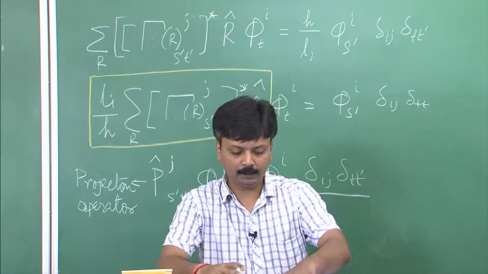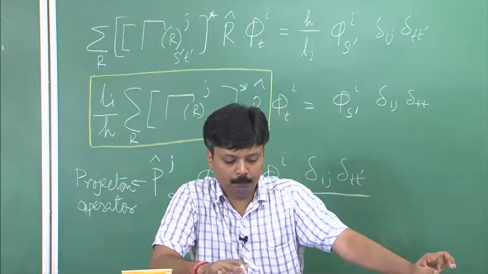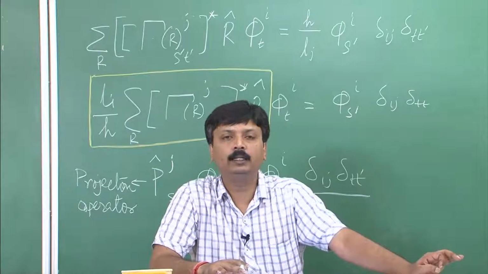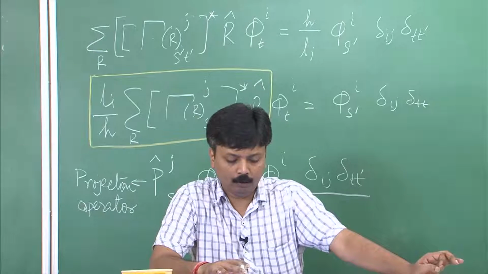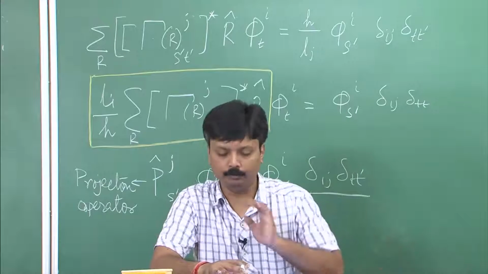It tells me that this P j t t prime is the projection operator which will project out phi t prime out of an arbitrary function phi t that we started with.